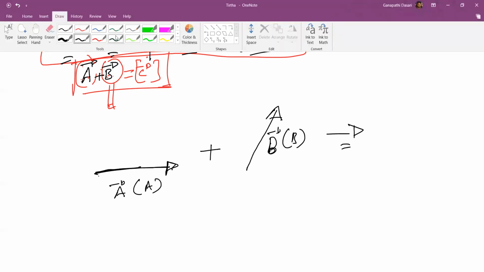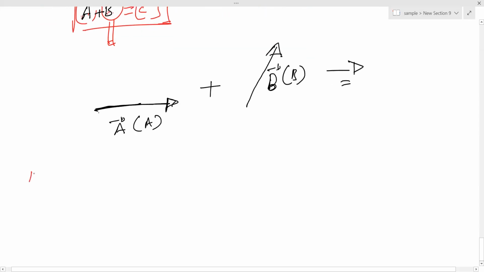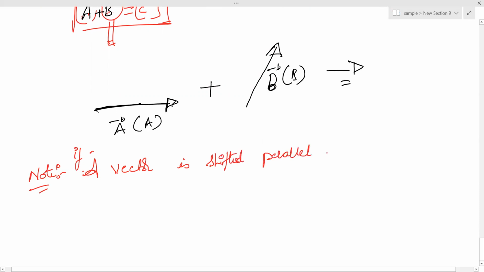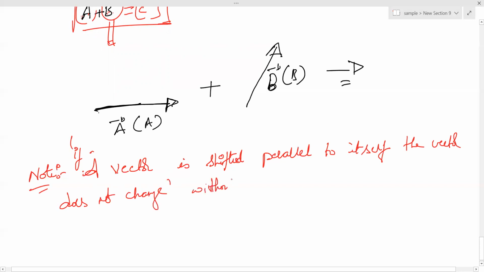Now make a note point here. A vector, if shifted parallel to itself, the vector does not change without changing magnitude and direction.